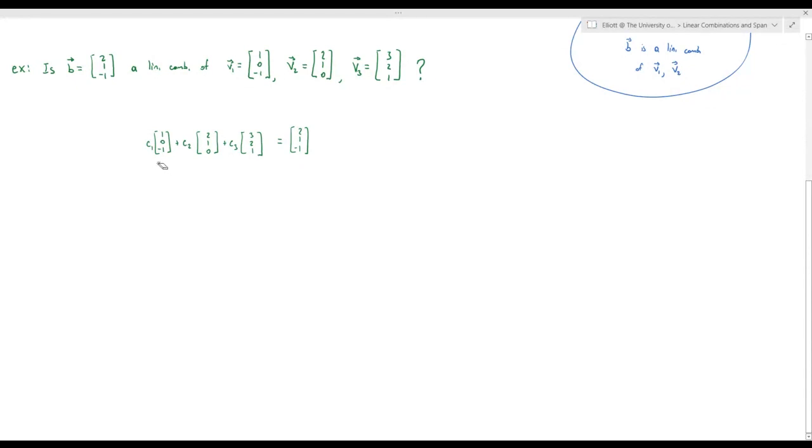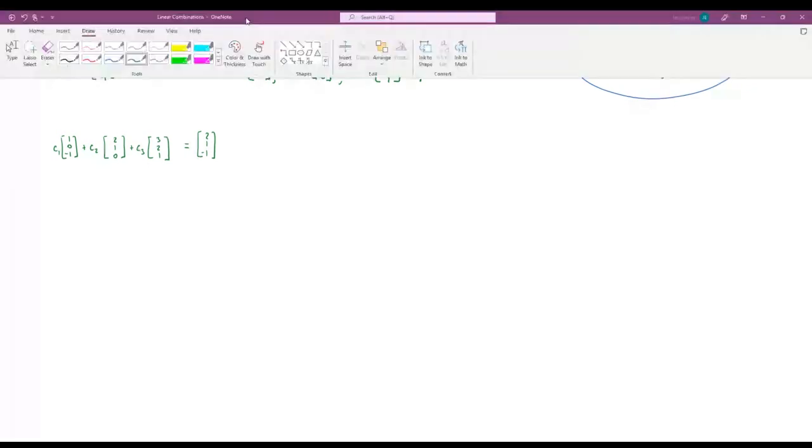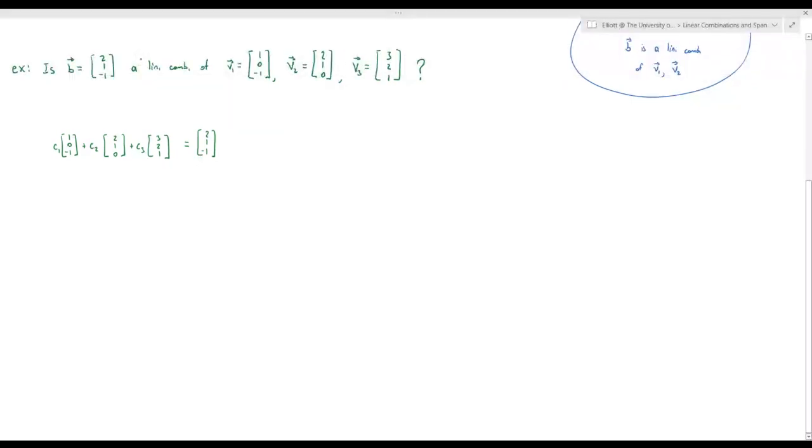I form a linear combination of v1, v2, v3, set it equal to b, and again, I want to see if we can find a solution for c1, c2, and c3. In this case, that leads us to a 3x3 system of equations.